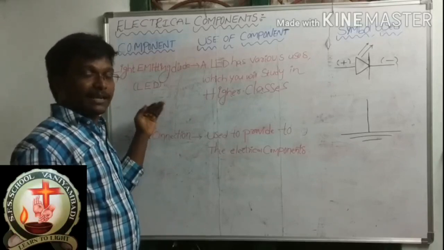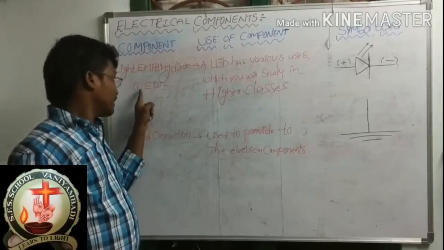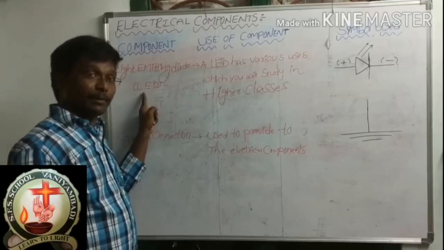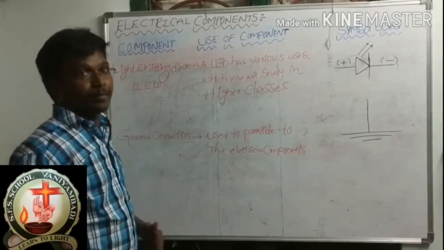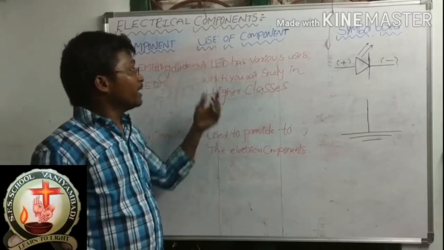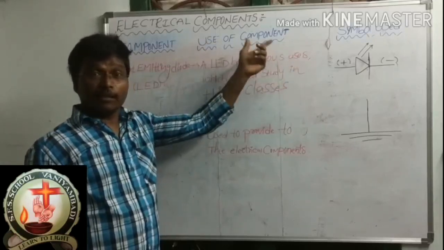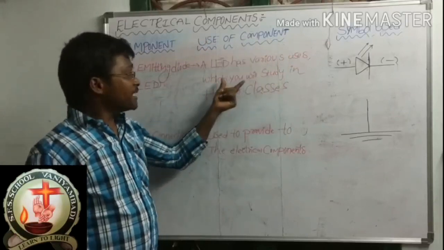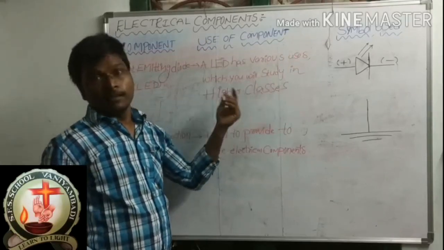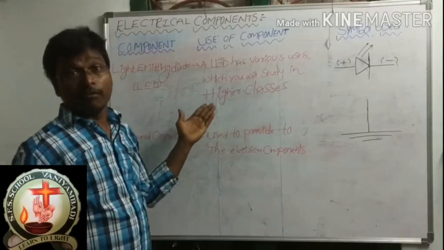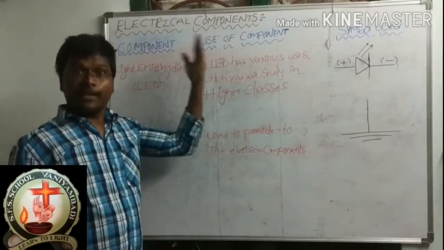LED. So what does LED mean? Light emitting diode. Okay, this is the component name. So what is the use of that component? An LED has various uses, which you will study in higher classes.